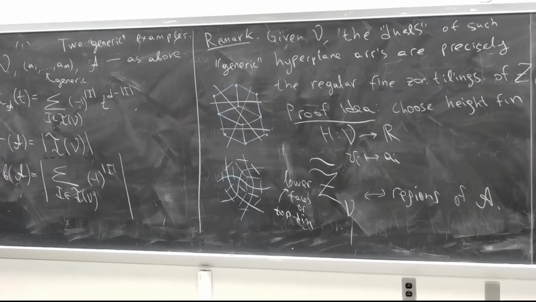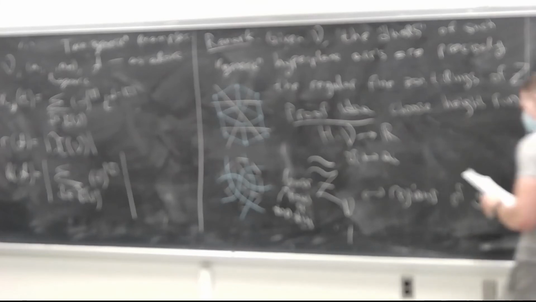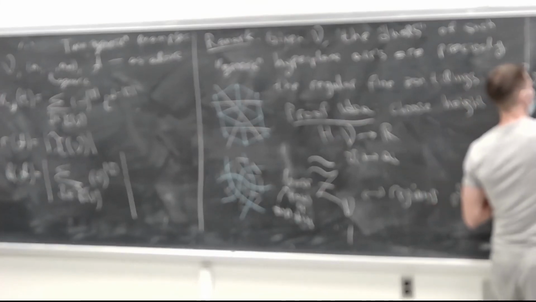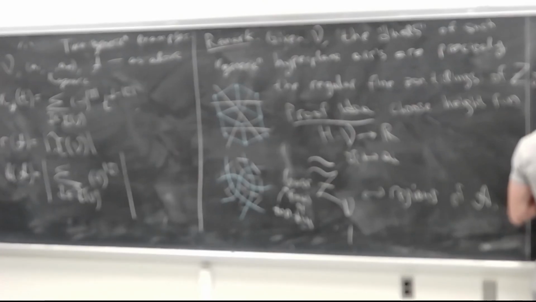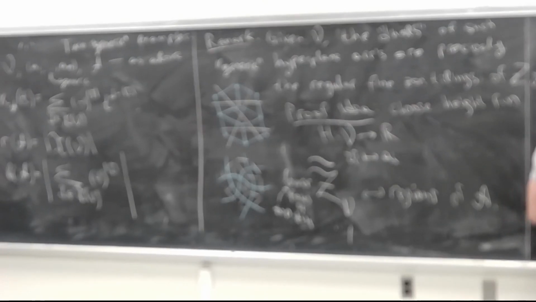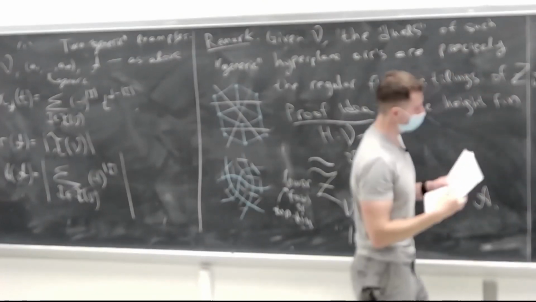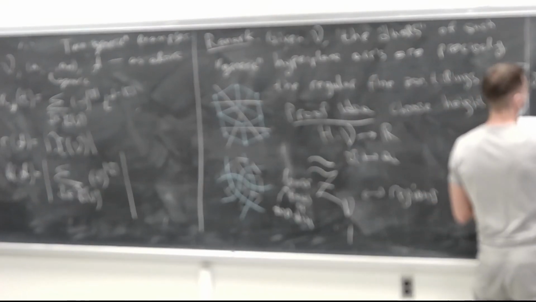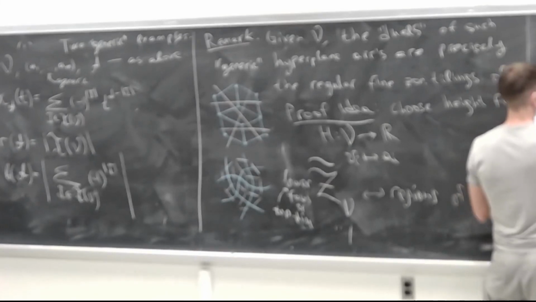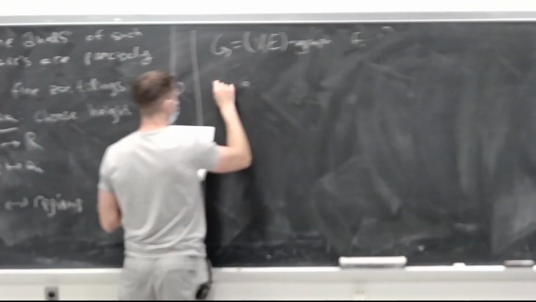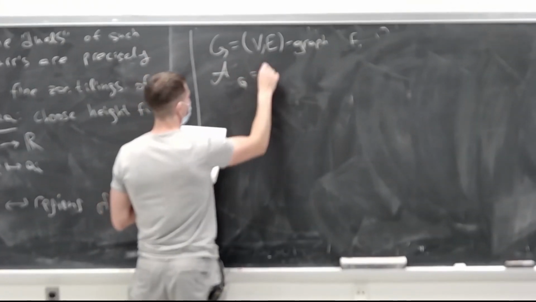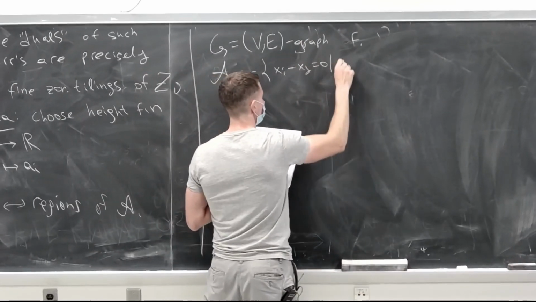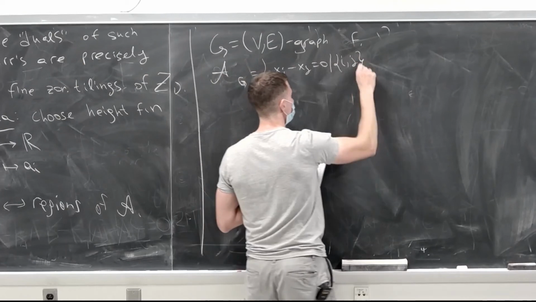So let's say you take a graph, and then you take the corresponding hyperplane arrangement A sub G, which is the set of all these hyperplanes x_i = x_j where i and j form an edge.